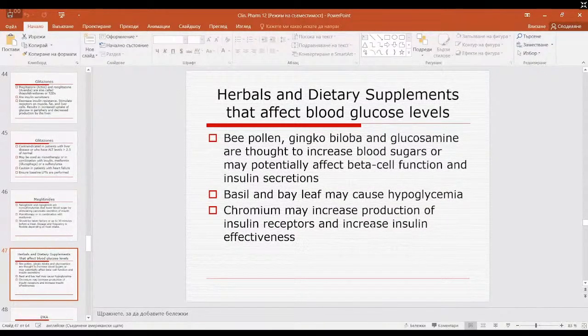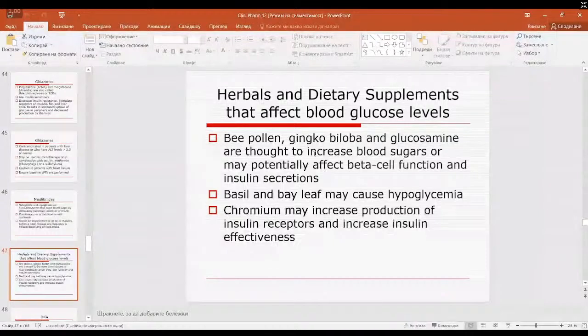Some herbals and some dietary supplements can affect blood glucose levels, like bee pollen, ginkgo biloba, and glucosamine, and these are some supplements that are used especially by elderly individuals. They're thought to actually increase blood sugars, and they may also potentially affect beta cell function and insulin secretion.